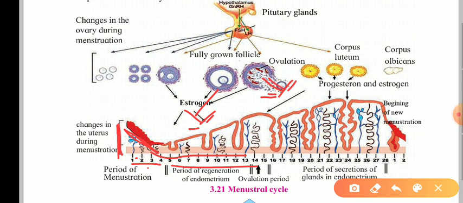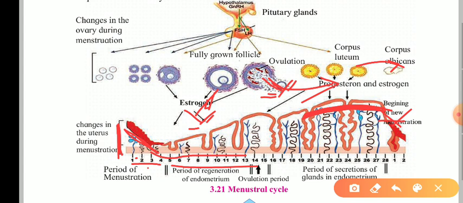If fertilization takes place, then the estrogen will go on being produced continuously and the uterus will be ready for it. But as progesterone is released along with the estrogen, the corpus luteum will get converted into a corpus albicans, and the walls of the uterus, which were developed to adopt the embryo, will rupture in case the ovum is not fertilized.